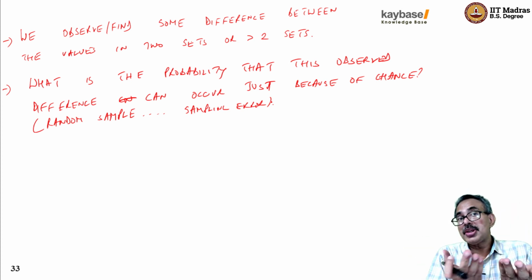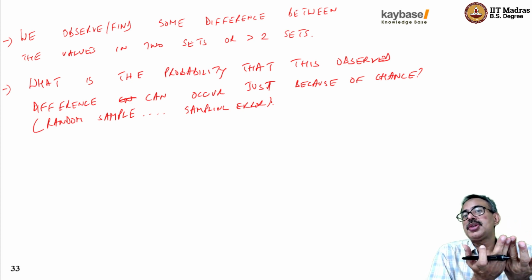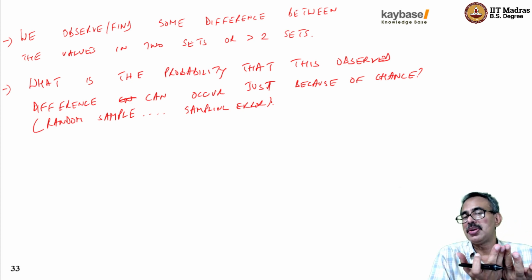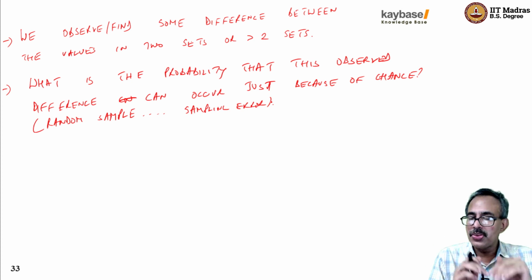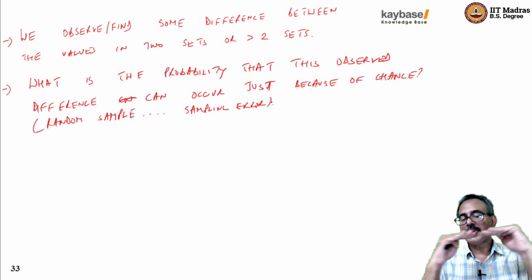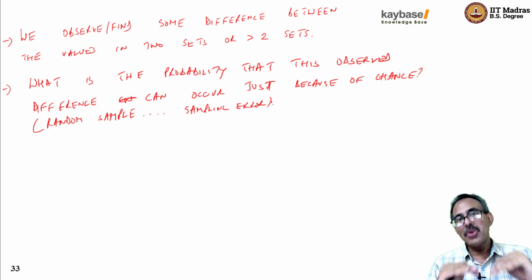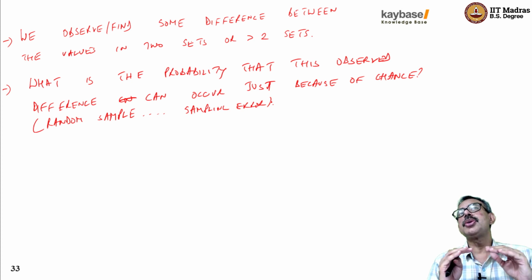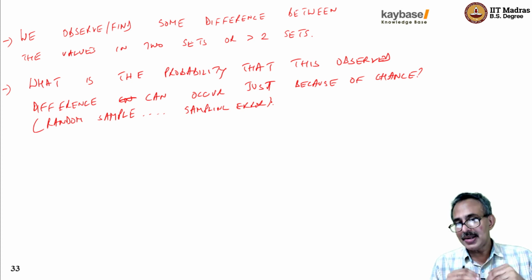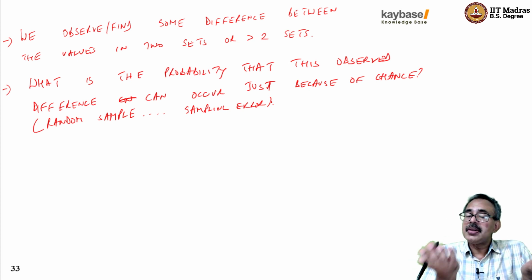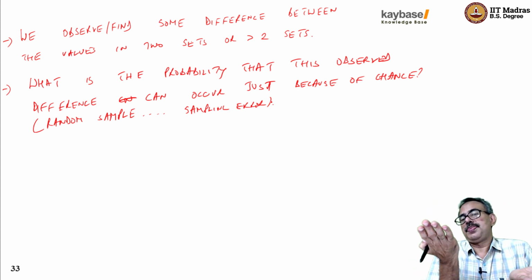Now, if the probability is high that such a difference can come only because it is a sample survey, then we would conclude that in reality those two numbers are the same. If the probability is low that the difference can occur only because of chance, if the likelihood is low that the difference can occur only because of chance, then we conclude that in reality the figures are indeed different.